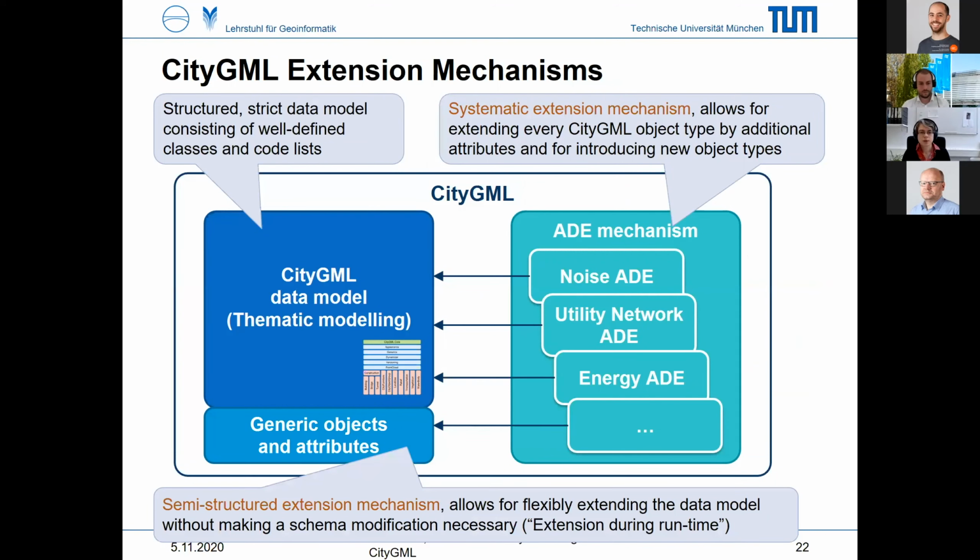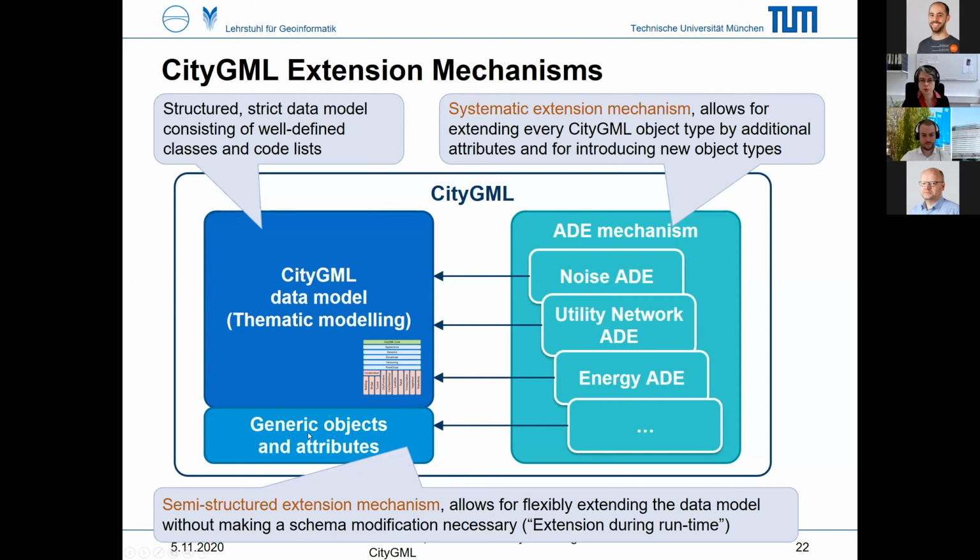So CityGML itself defines core concepts for the city, but for various areas of application, it's often necessary to extend CityGML. So on the one hand, we have the strict core with all the modules I've shown before. And this data model consists of well-defined classes.